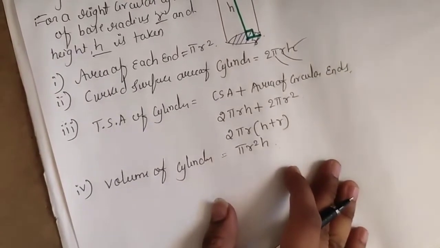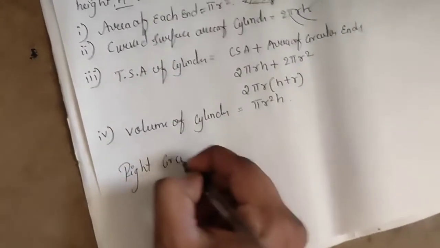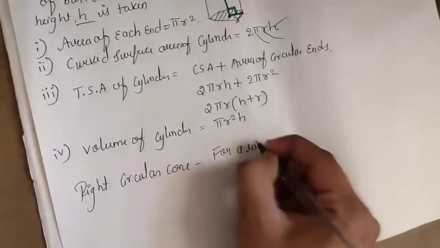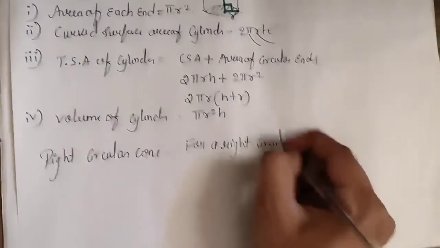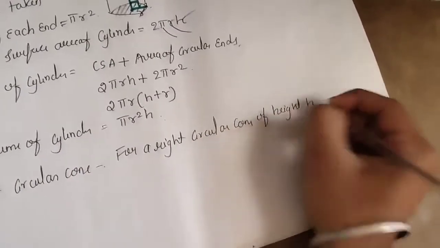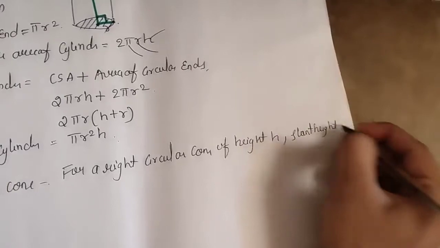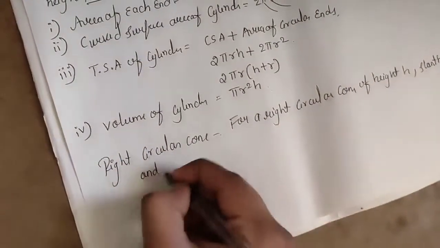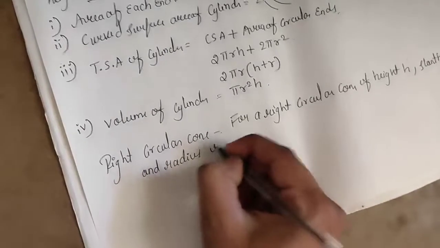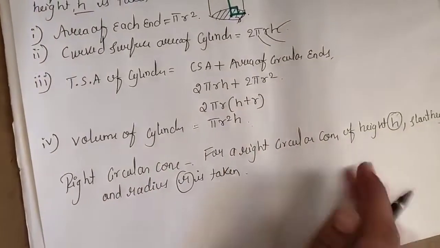Now next comes the right circular cone. For a right circular cone, height h, slant height L and radius r is to be taken.